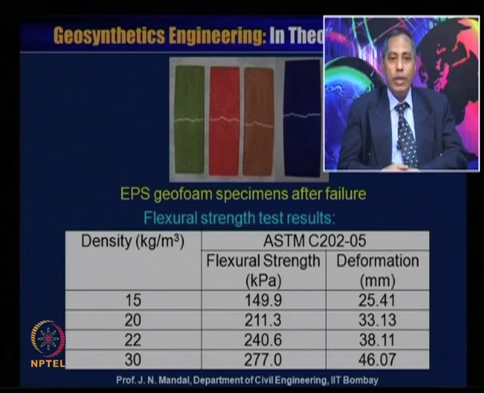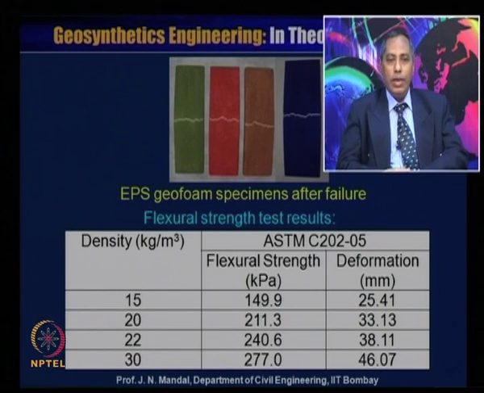Now, here are the flexural test results as per ASTM C203. When the density of the EPS geofoam is 15 kg per meter cube, the flexural strength is 149.9 kilopascal and deformation is 25.41 millimeter. When the density is 20 kg per meter cube, the flexural strength is 211.3 kilopascal and deformation is 33.13 millimeter.